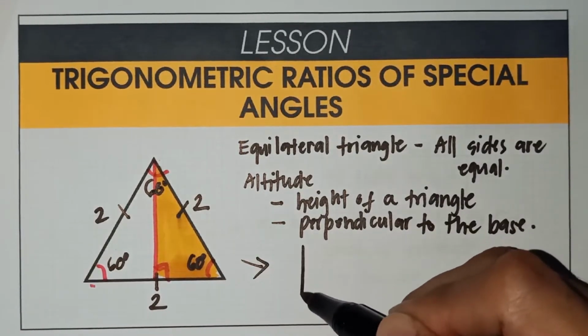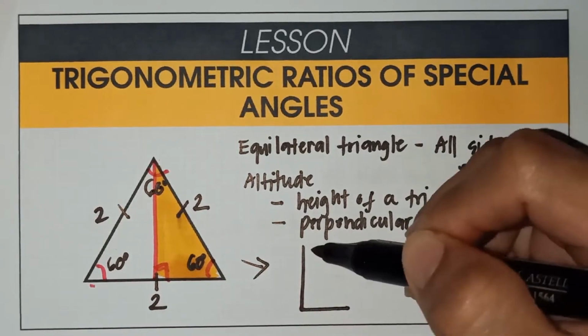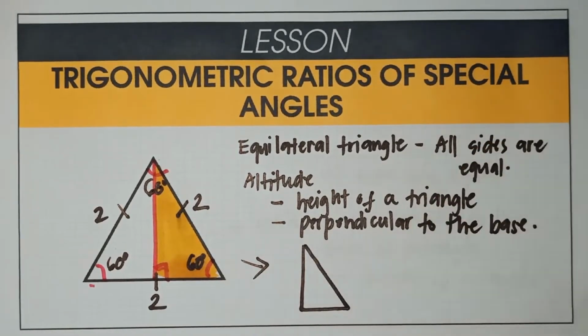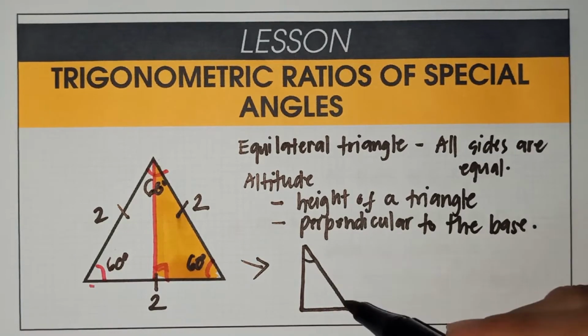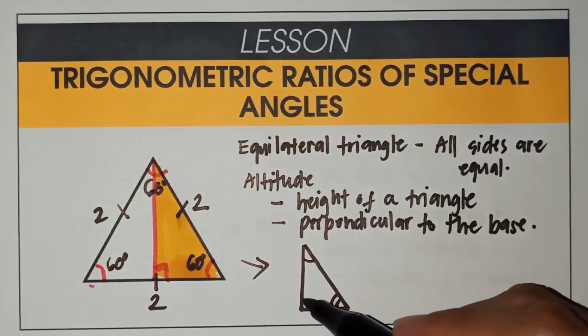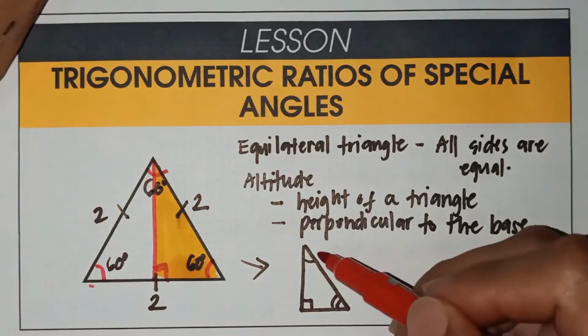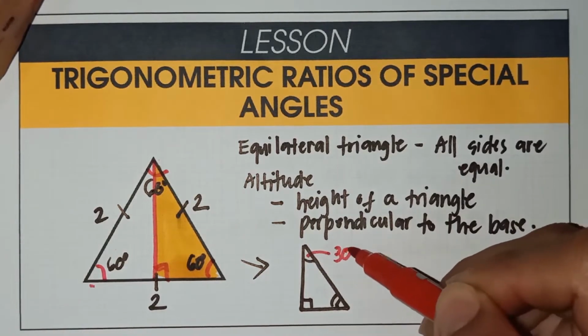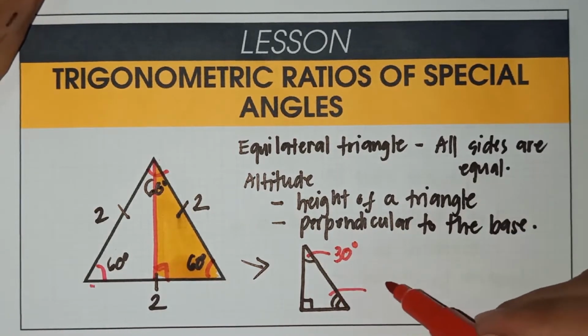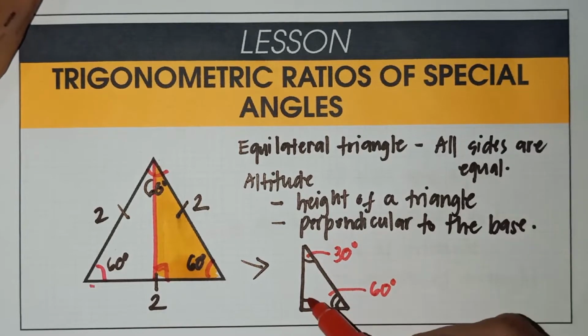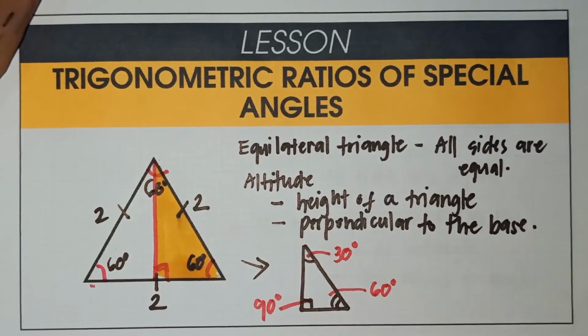And as we get that angle, the measure of it now is 30 degrees, this is 60 degrees, and the other one is 90 degrees.